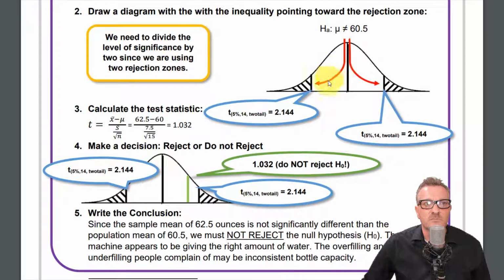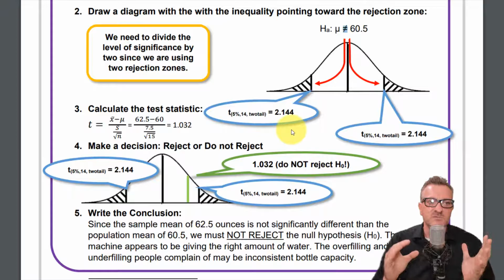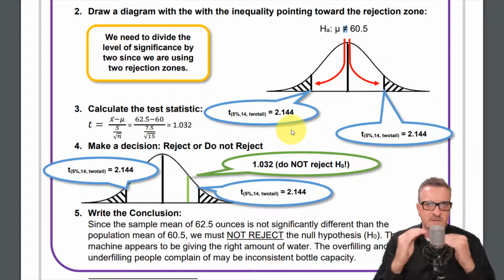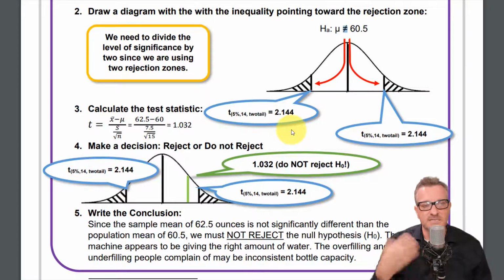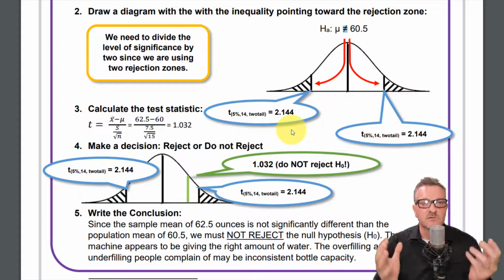So in this case, we draw the picture. And because this is a not equal to, it's a two-tail. And when it's two-tail, with the t-distribution, we just use the two-tail step on our table. With the z-distribution, we have to take that two-tail and the 5% and divide it by 2.